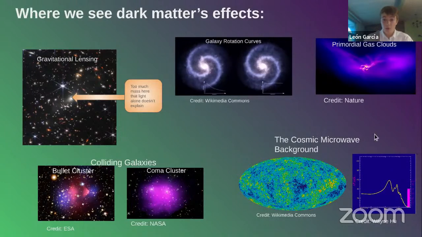And finally, we aren't taking into account dark matter in the cosmic microwave background unless we look at previous simulations of the cosmic microwave background, taking into account different amounts of dark matter. And we've arrived at the 80% figure from there. And the cosmic microwave background is basically just the leftover radiation from the Big Bang.